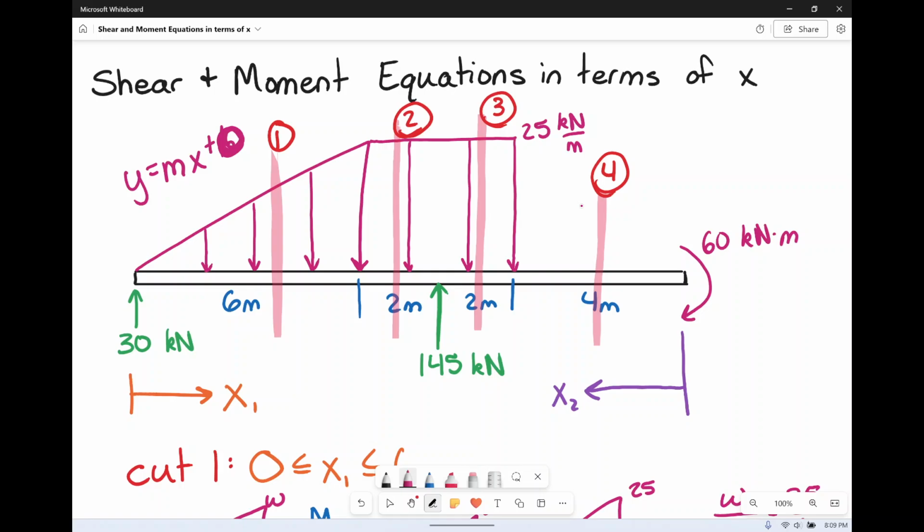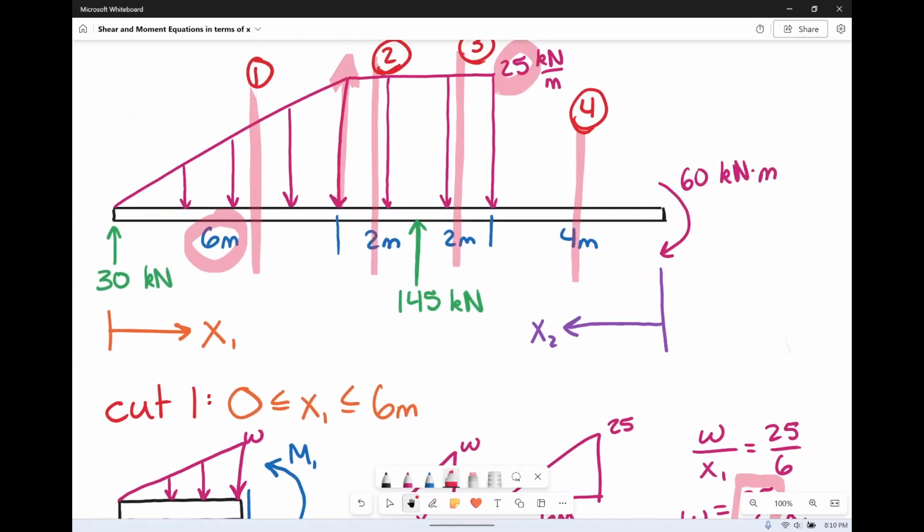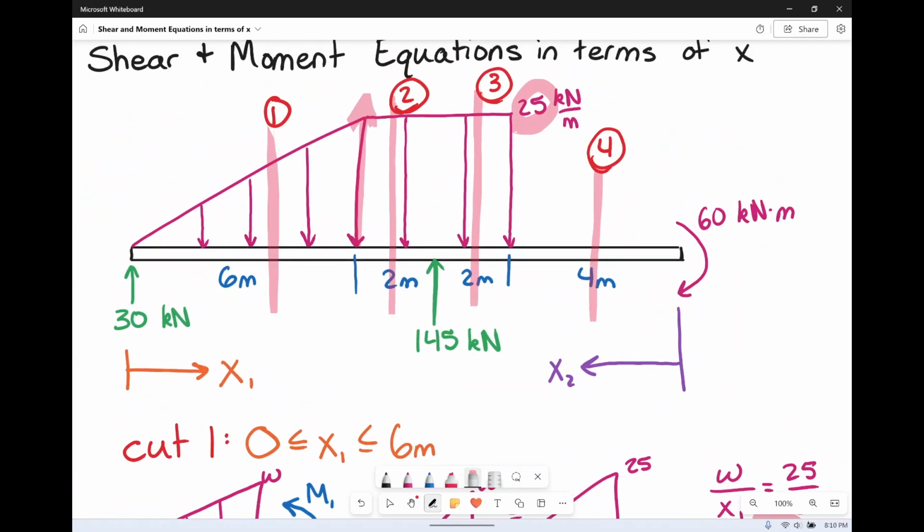Again, m is literally just rise over run. So we rose upward, how far? 25 over a run of 6. Hence why it's rise over run times x, right? That is literally the equation of the line, slope times x.